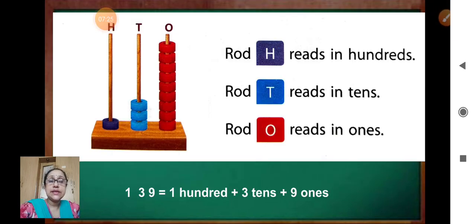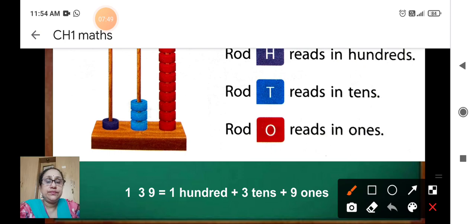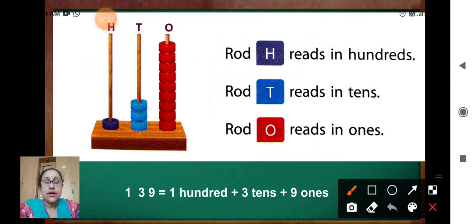Now here what you can see? You can see the abacus rod of hundreds, tens, ones. Rod H reads hundreds. Rod T reads tens. Rod O reads ones. Now let's count in the ones place. Yes, count it. 1, 2, 3, 4, 5, 6, 7, 8, 9.